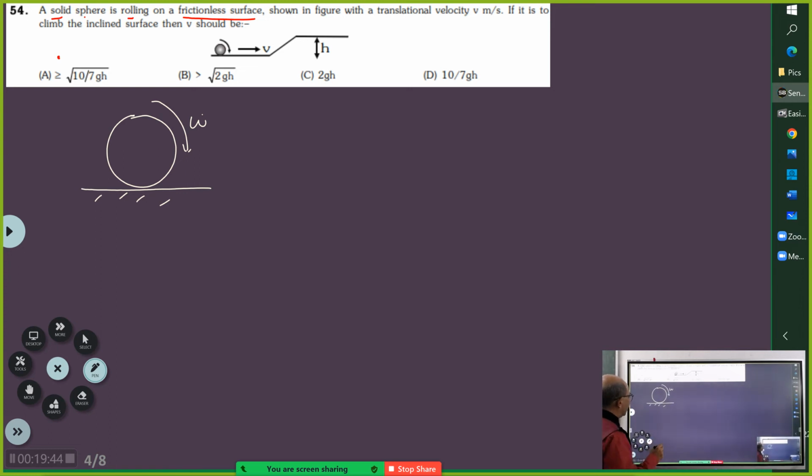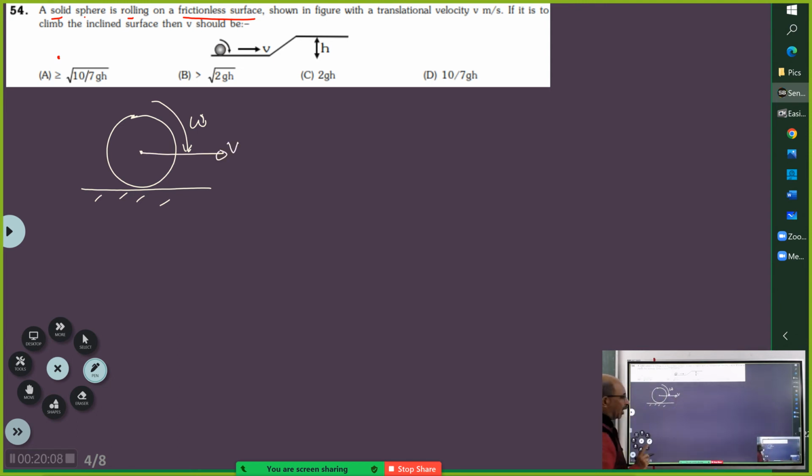However, now you see the situation. You have to understand the situation very carefully. The body is rolling, it has some angular velocity omega, and then you gently give a push to this body, just a push. When you push this body, it will acquire velocity v.